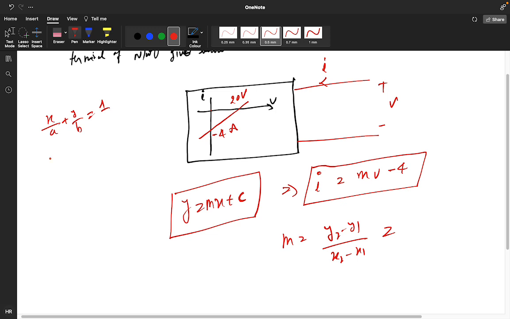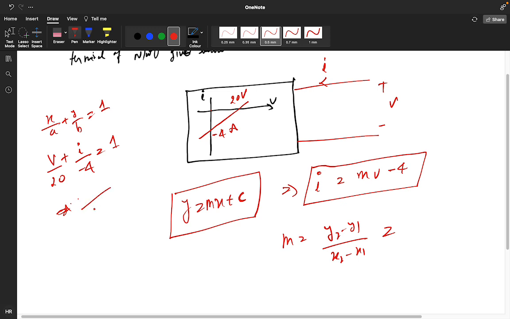Your x is V, y is I. The intercept of the V axis is at 20 and the I intercept is at minus 4. So x by 20 plus y by minus 4 is equal to 1. You will get the equation from this also. Solve it and get the result.